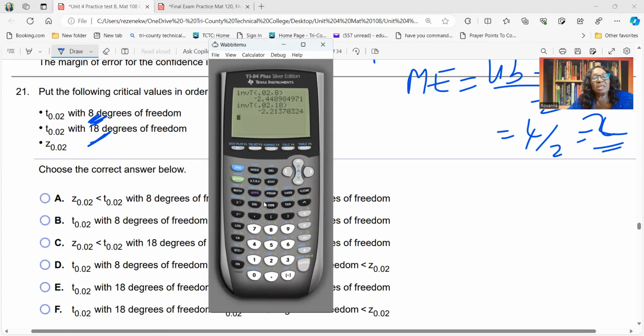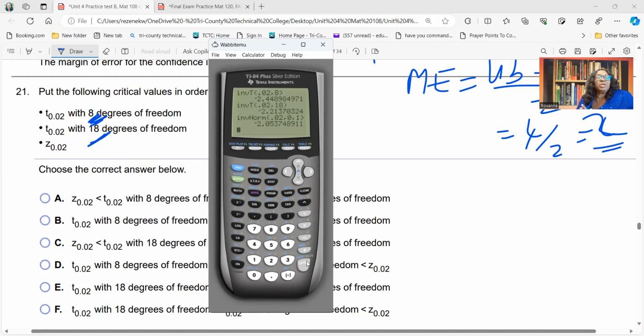And then the Z value, which is not critical, it's not T. So inverse norm this time. Inverse norm, and the area is 0.02. And everything is good.